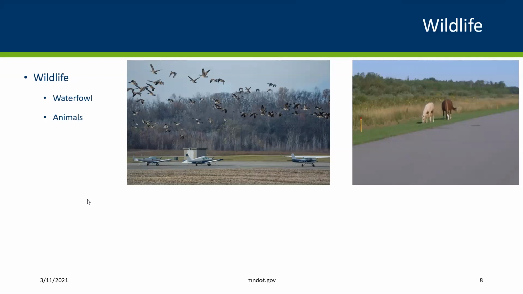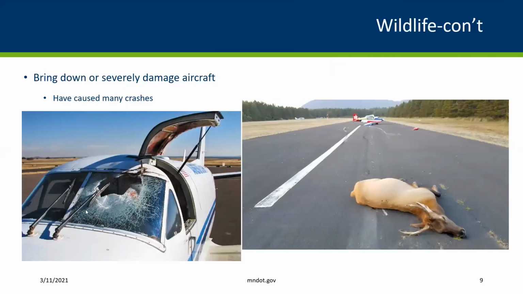Birds and animals have done a lot of damage to aircraft. They bring down aircraft. They've severely damaged aircraft. We have had many crashes, whether on the ground or in the air. Everybody probably remembers the airliner losing both engines to birds and ditching in the river. We were very fortunate to have water to ditch on. We lost a big airplane in Alaska and everybody on it because they didn't have something soft to land in and landed into the terrain.